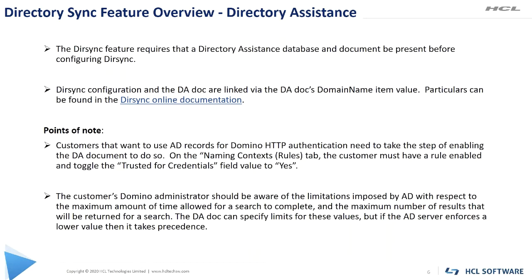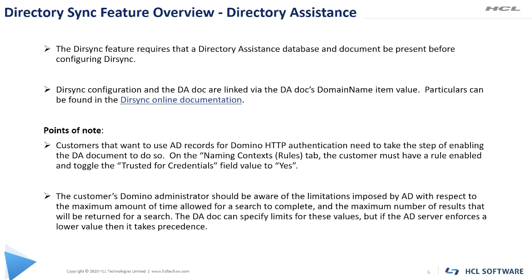If you are using an existing DA database, replace the design with the da.ntf template from a Domino V11 server. The next step is to create the directory sync enabled document. DIRSync configuration and DA documents are linked via the domain name mentioned in the DA documents.